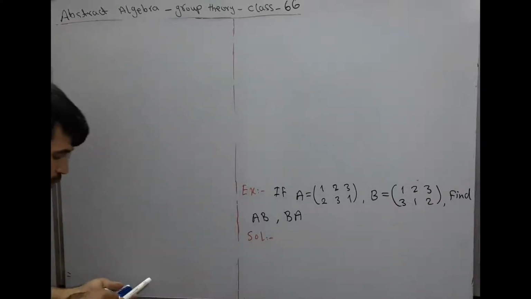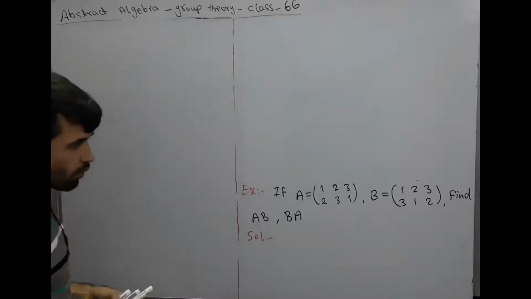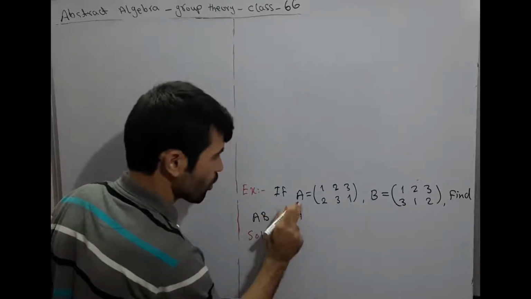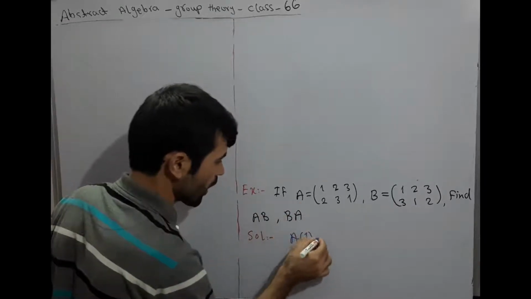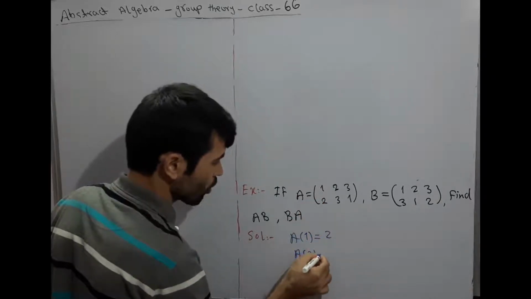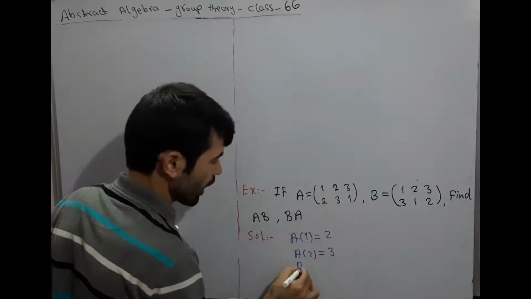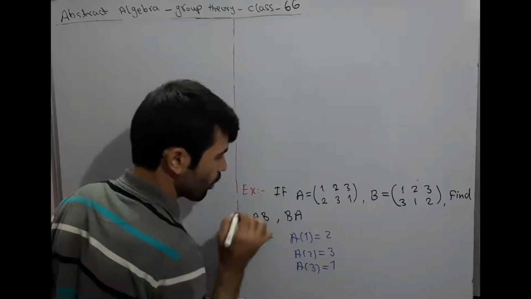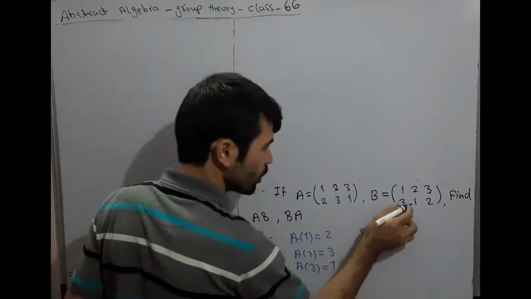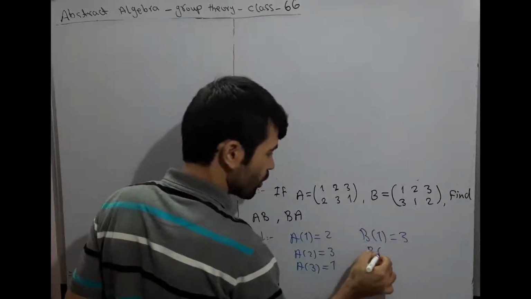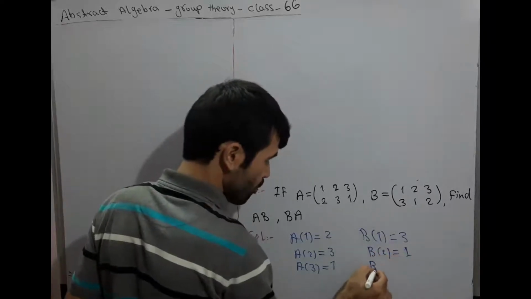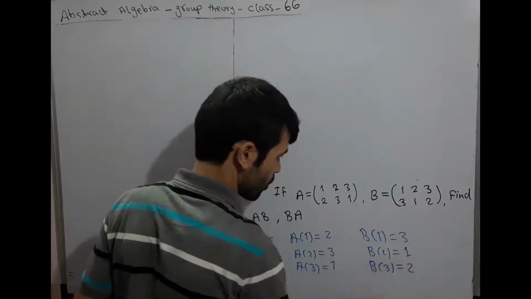First, we want to find the values. a1 is equal to 2, a2 is equal to 3, a3 is equal to 1. Here b1 is equal to 3, b2 is equal to 1, b3 is equal to 2.